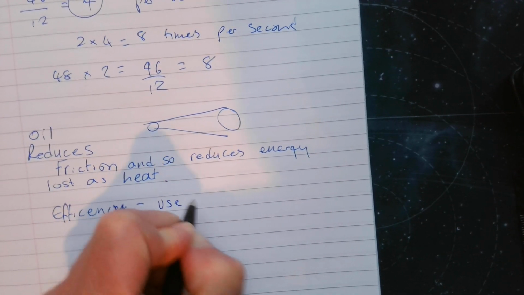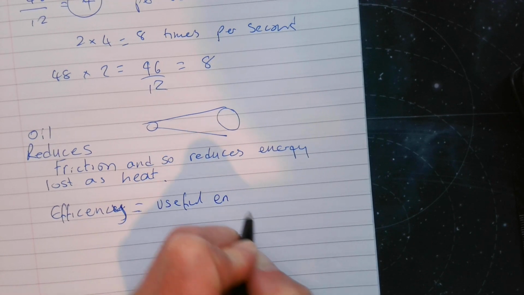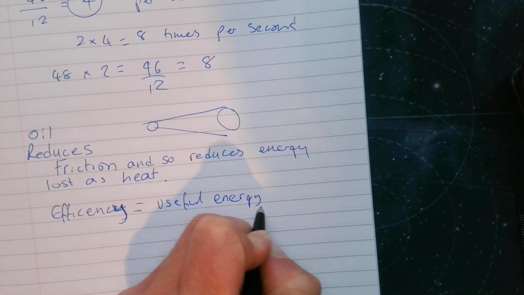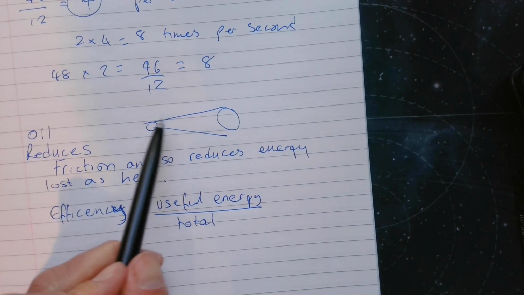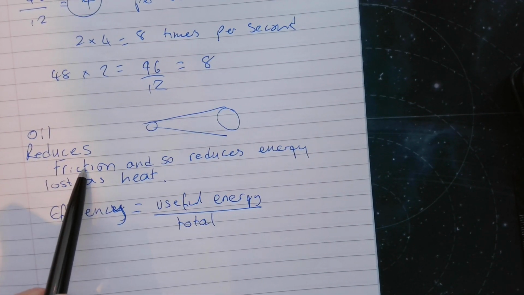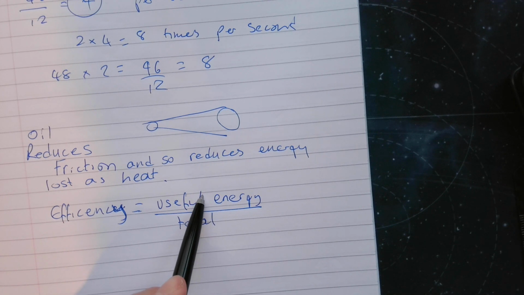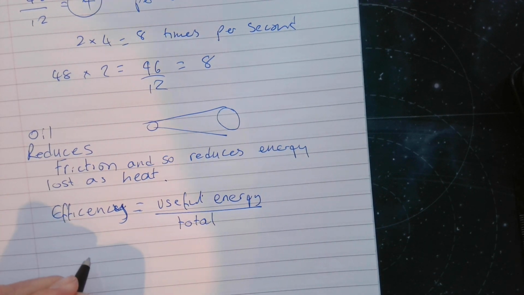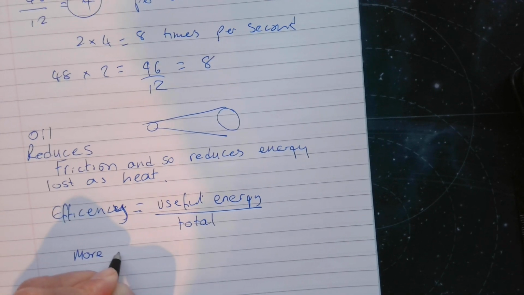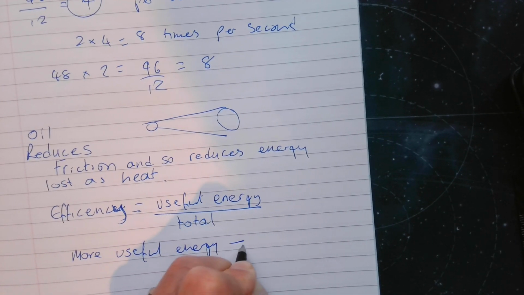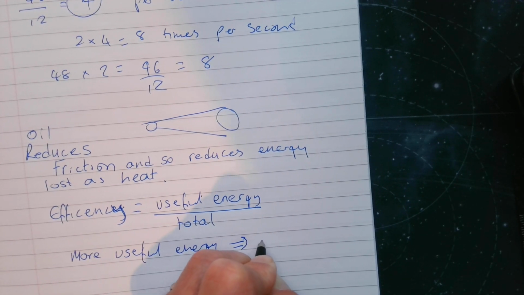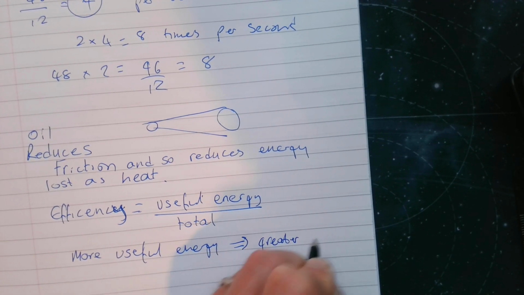Efficiency equals useful energy over total energy. So what we're saying is, because we've oiled the gear, there's less friction, so we've got more useful energy, therefore greater efficiency.